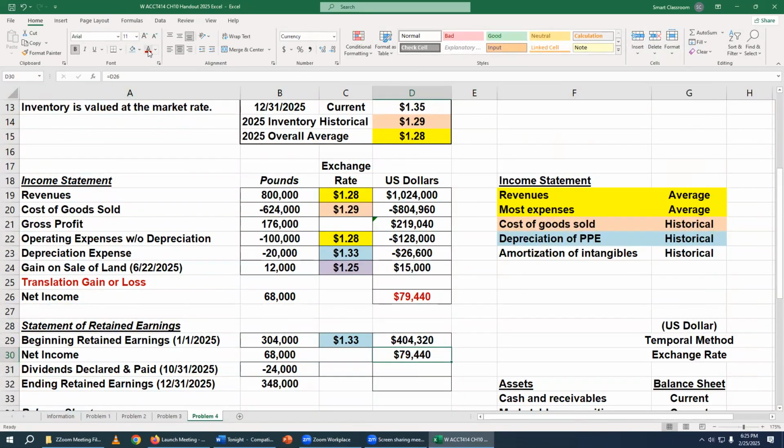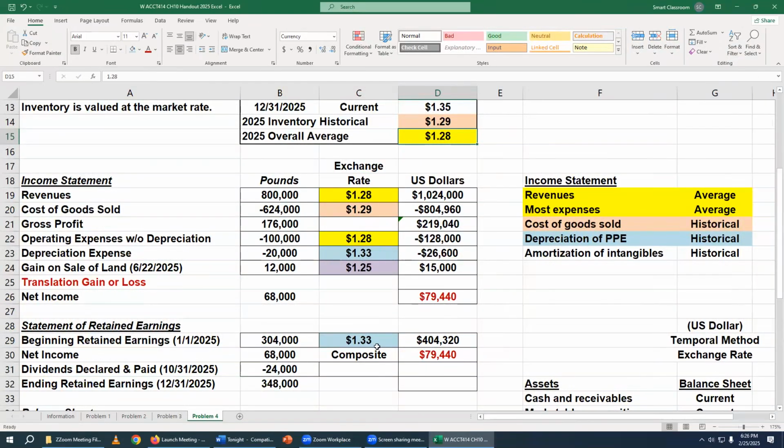And there really isn't a rate for it. It would be a composite. It's all these. There is no one rate for it.